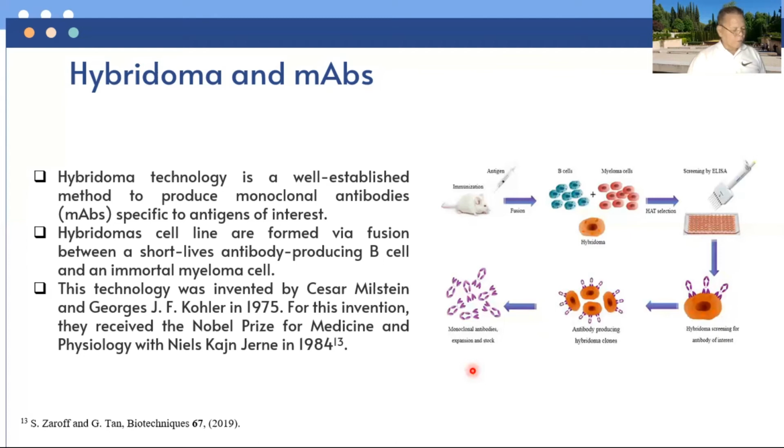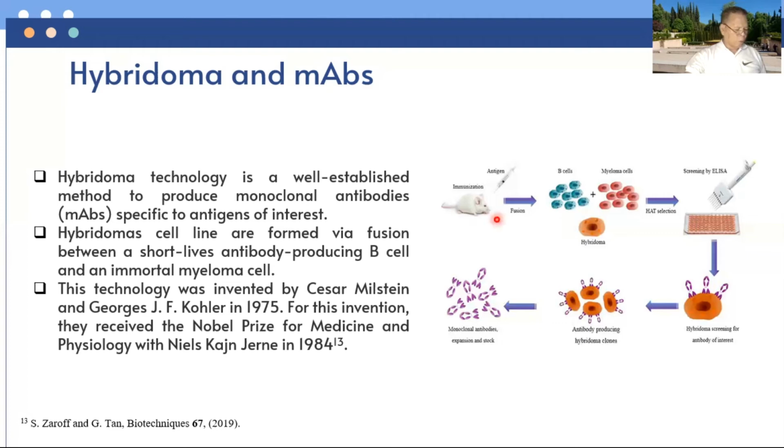As a result, researchers usually prefer generating hybridomas over other monoclonal antibody production methods to maintain a convenient, never-ending supply of important monoclonal antibodies.